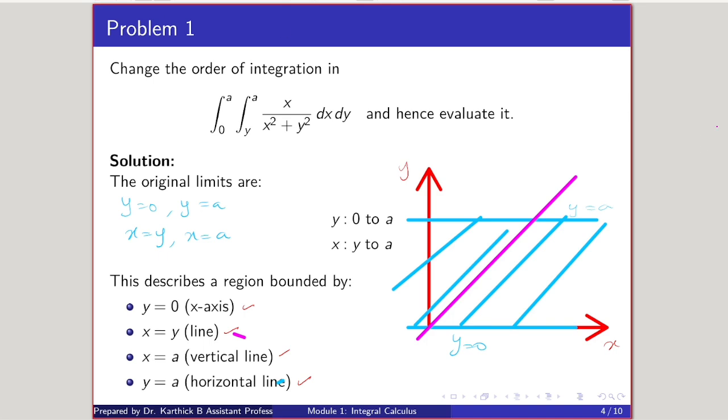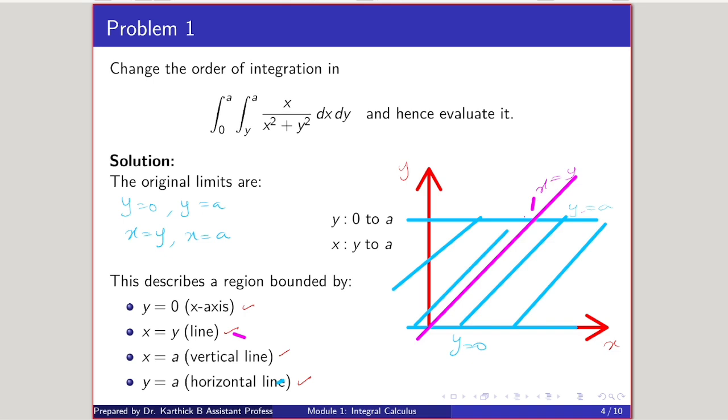So this will be the graph for x equal to y, and we have to go for x equal to a. So x equal to a, I may fix somewhere else here, because x equal to y means the line crosses y equal to a here.